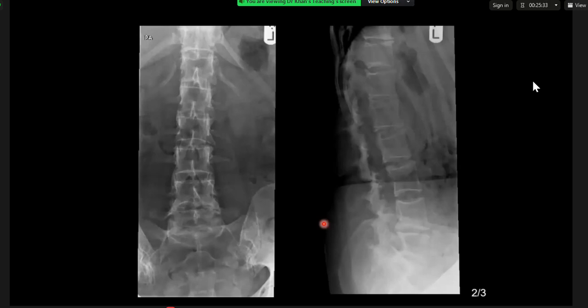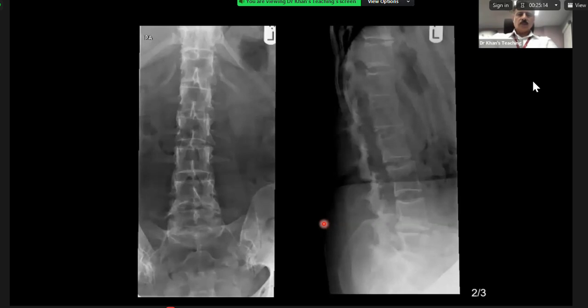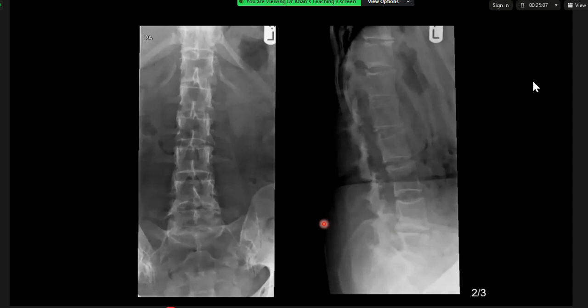So possible causes for this would include dural ectasia, and if that's the case, this could be part of neurofibromatosis type 1. What else? Okay, what else other than dural ectasia?